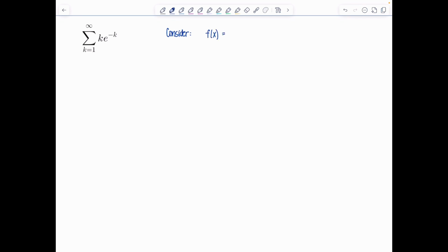f of x is x times e to the negative x. For our purposes, let me rewrite this as x over e to the x, just to make it easier to process in the brain, okay? So before we proceed, I have to check, is f continuous on the interval from 1 to infinity? Well, what's the domain of f?